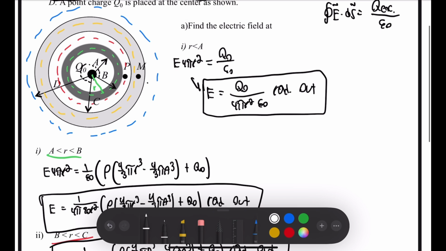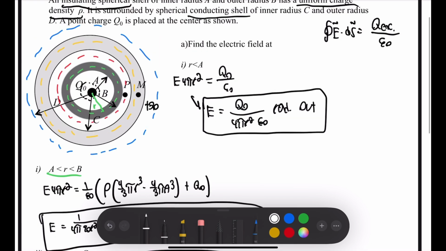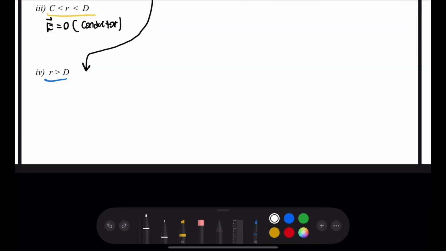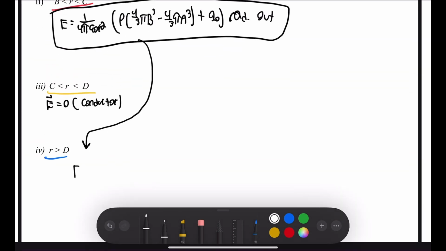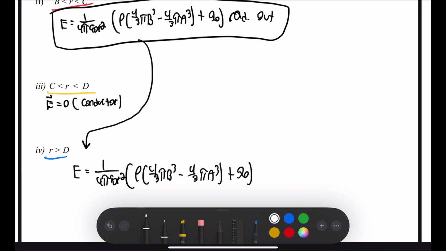Because there's no plus Q naught or something that the problem said, we can assume it's neutral. So then the answer for the last part is E equals 1/4 pi epsilon naught r squared of rho 4/3 pi b cubed minus 4/3 pi a cubed plus q naught radially out.